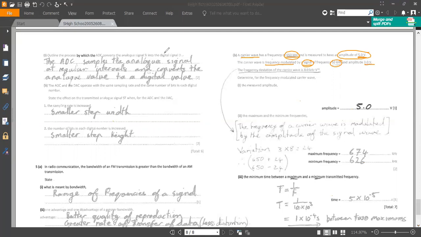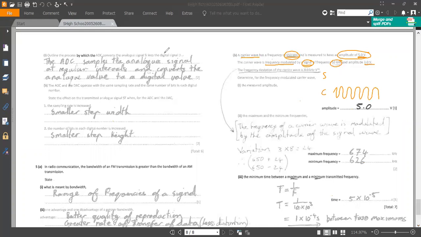So remember, and I'm just referring back to your textbook literally in here, if you have your carrier wave and signal, there's your carrier wave continuing through, you can see the amplitude stays constant.